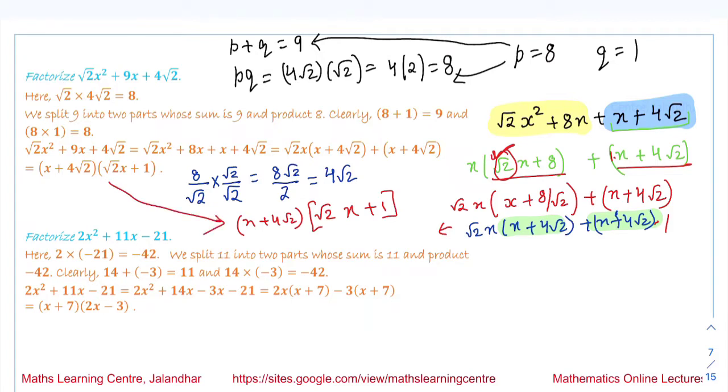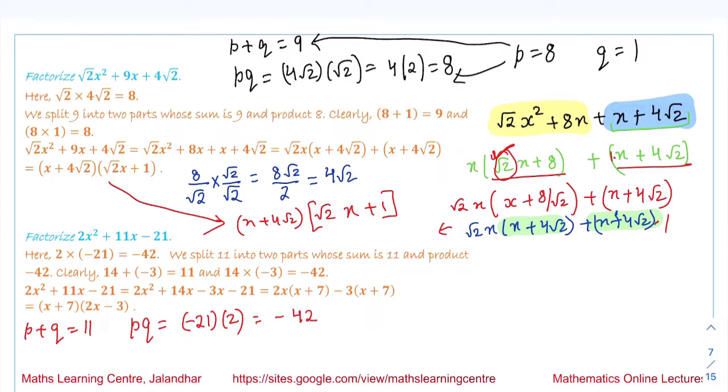Now in the next question, it is 2x square plus 11x minus 21. So what we have is p plus q should be 11 and p into q should be equal to minus 21 into 2. It means one of the numbers is negative, one is positive. So basically we are talking about minus 42.